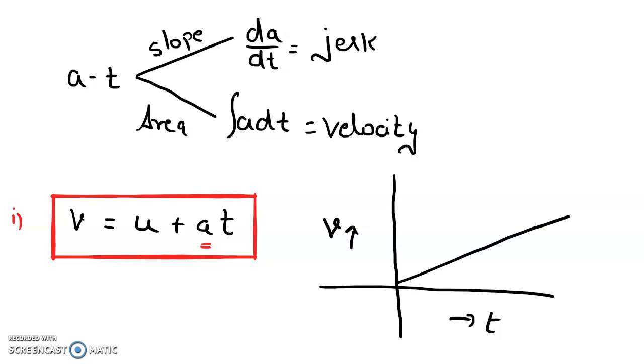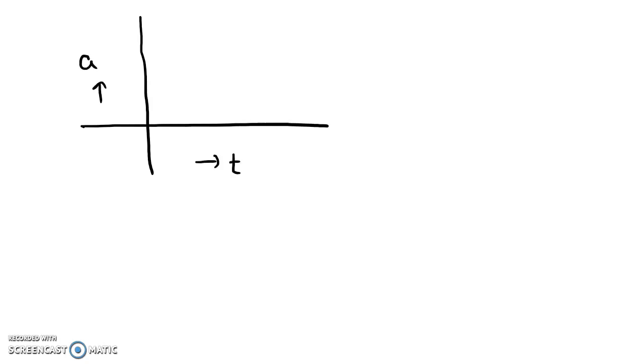And if I say what is the graph of a and t, because the acceleration is always constant, the graph of a and t would always be a line parallel to the t axis.